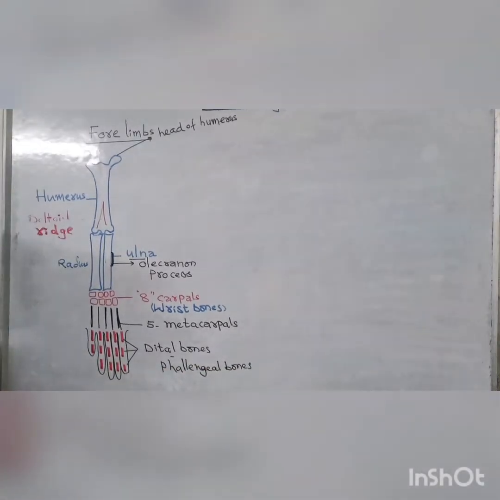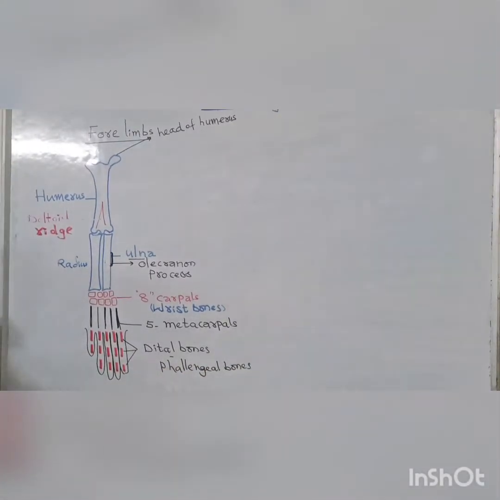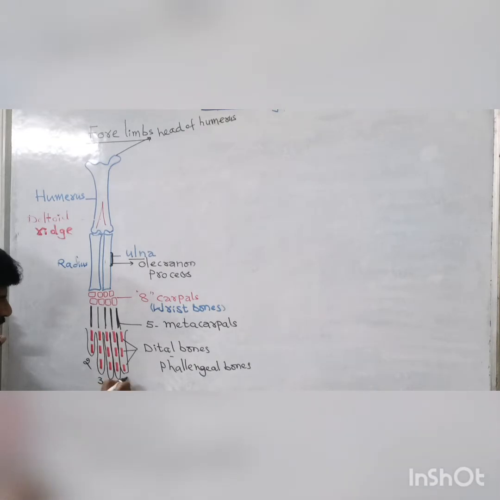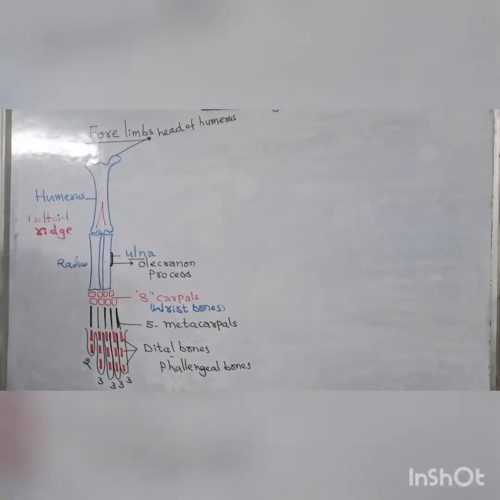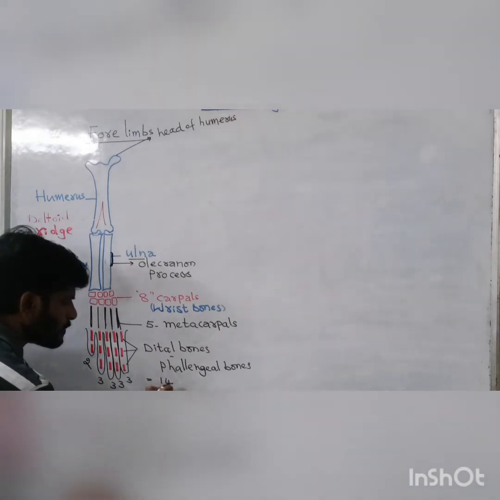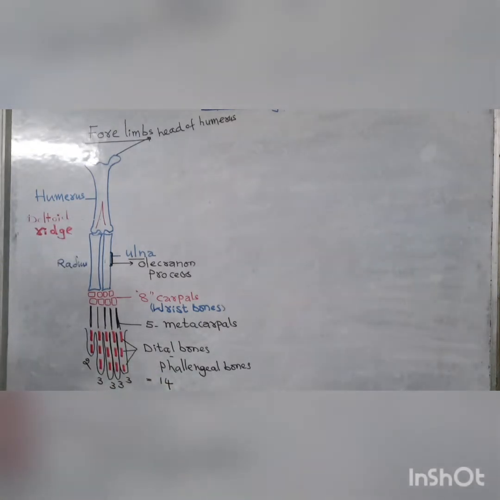Therefore, the digital formula or the phalangeal formula of man is 2, 3, 3, 3, 3. Total number of digital bones are 14.